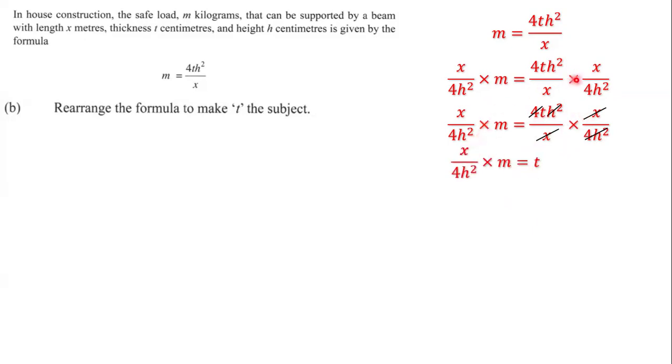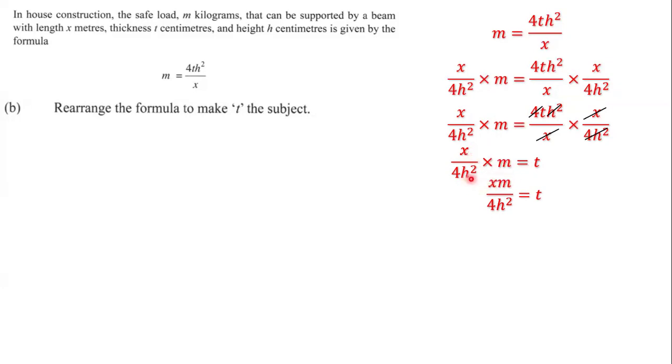So since we multiplied by X over 4H squared, we have to multiply by X over 4H squared. So we have X over 4H squared multiplied by M. And so what do we have? We have T is equal to X over 4H squared multiplied by M. And then we multiply X times M, and X times M is XM.